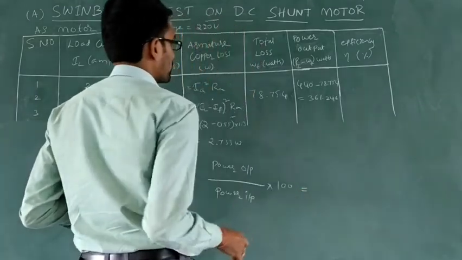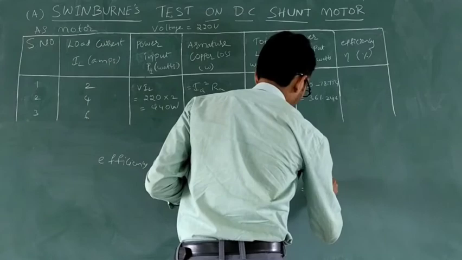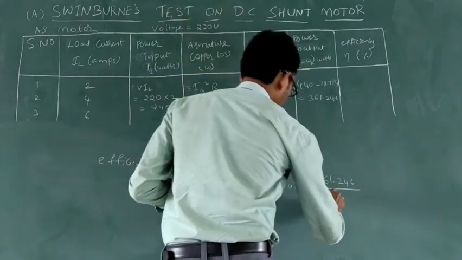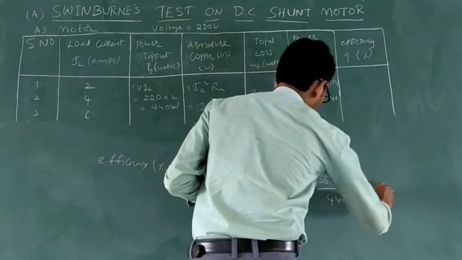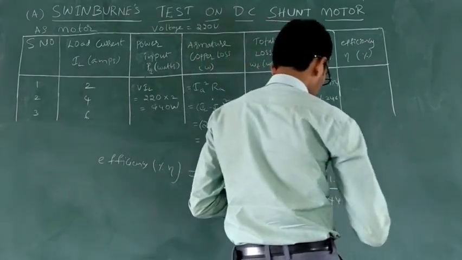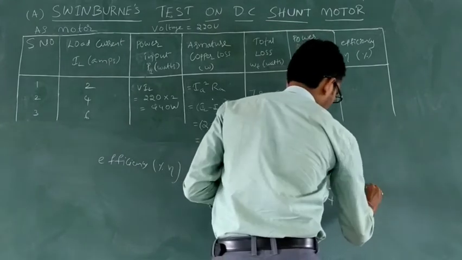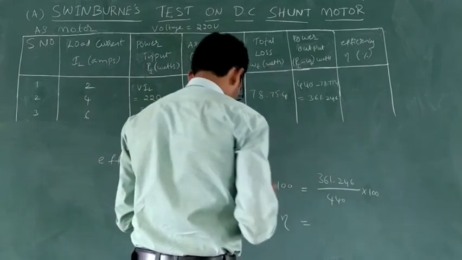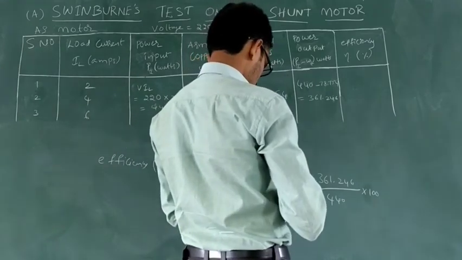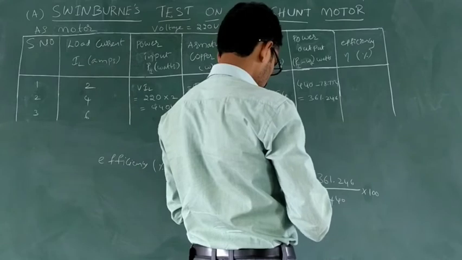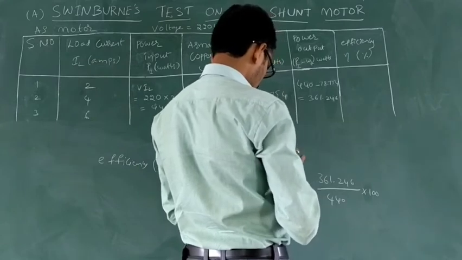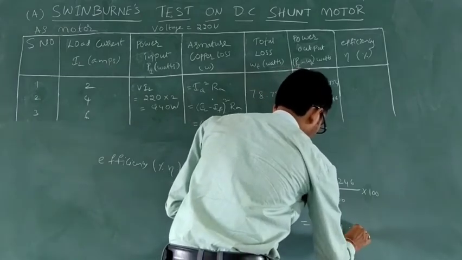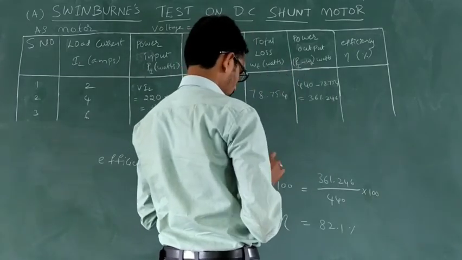Power output is 361.246, by power input, 440 watts, into 100. So percentage eta is 361.246 by 440, it is 82.1 percent.